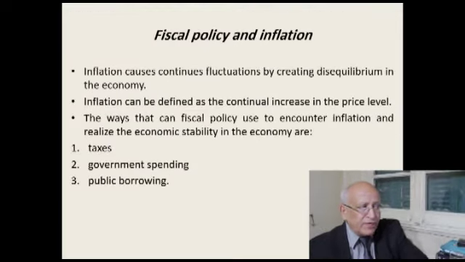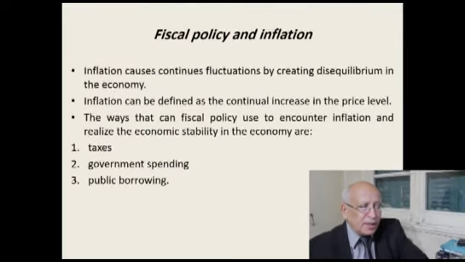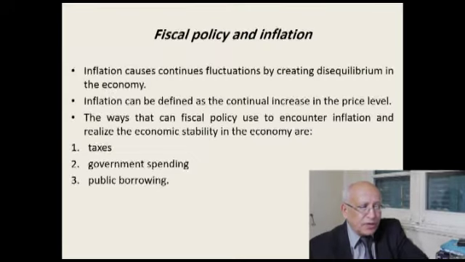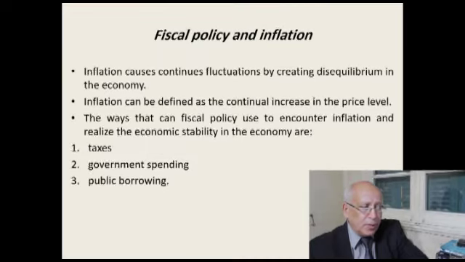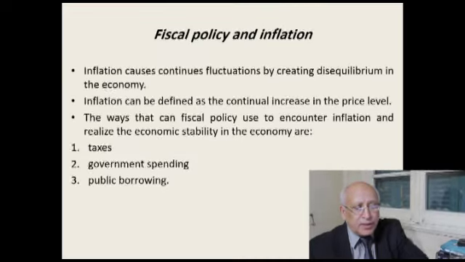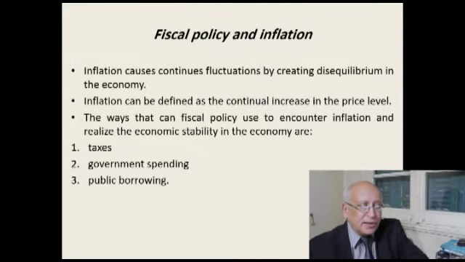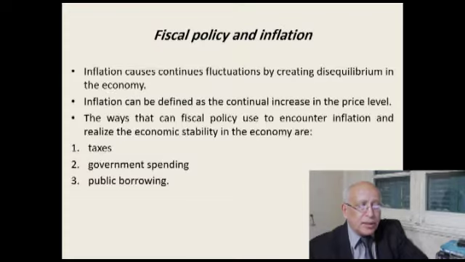Another point we have, which is fiscal policy and inflation. Inflation causes continuous fluctuation by creating disequilibrium in the economy. What is meant by inflation? Inflation can be defined as a continual increase in the price level.